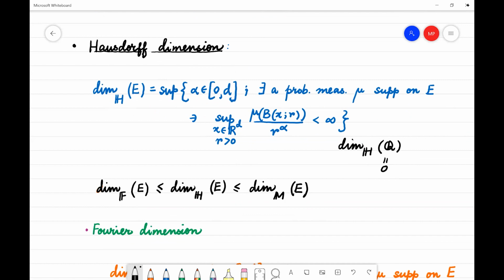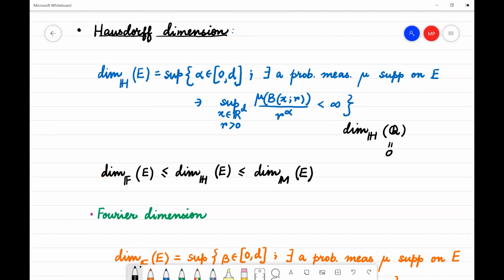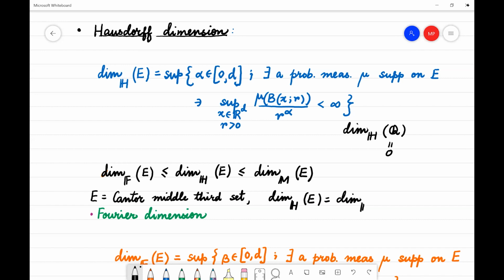So, for example, if E is the Cantor middle third set, then both the Hausdorff dimension and the Minkowski dimension is log 2 over log 3.